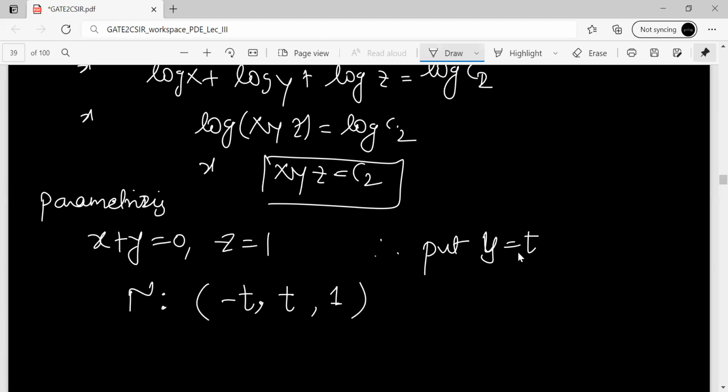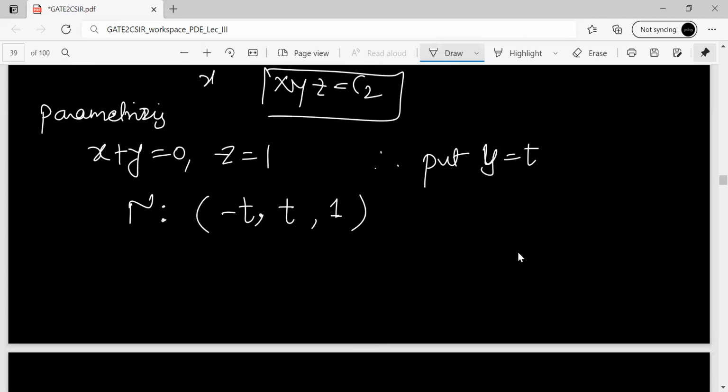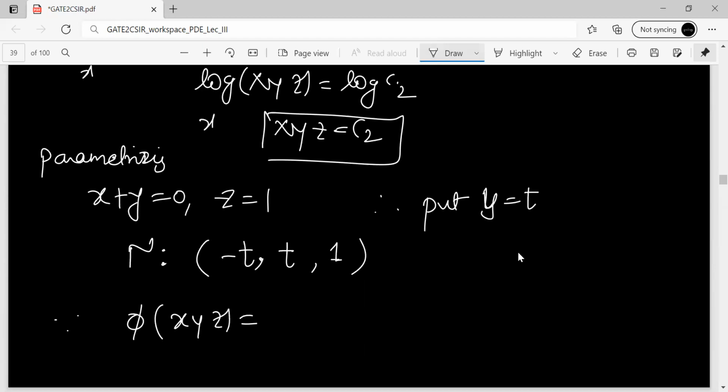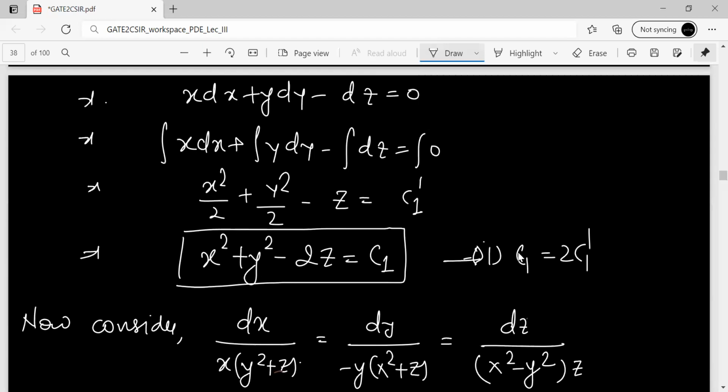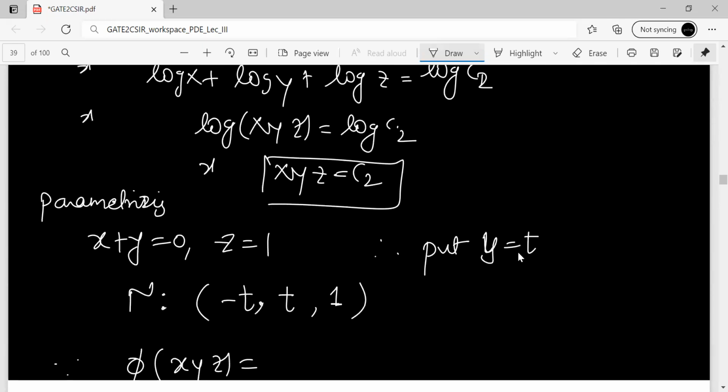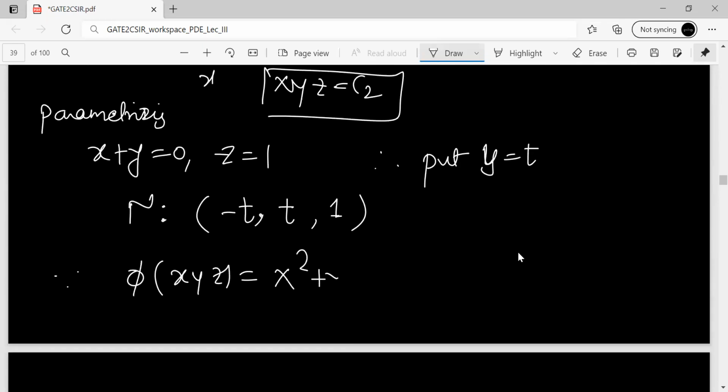Okay, now since you can write down phi of x, y, z, phi of c1 equal to c2, I'm writing x square plus y square minus 2z. So x square plus y square minus 2z. You can write down this one, or you can also write down this one.